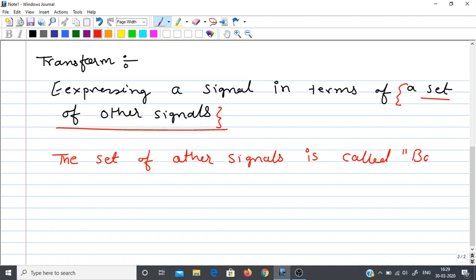So now, what is the definition of transform? Express a signal in terms of basis functions or basis sequences.